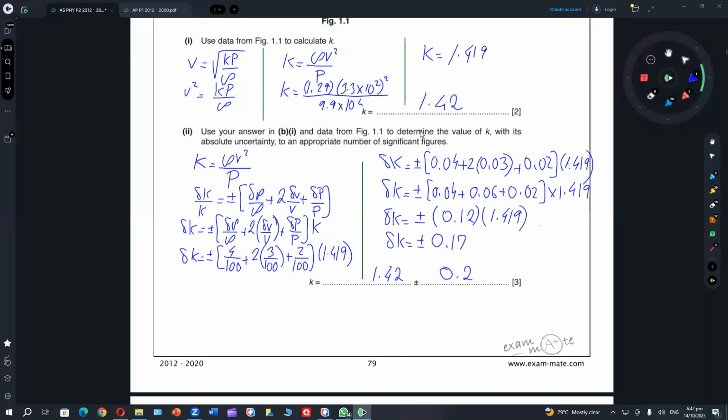Final answer I'm writing 1.42 plus or minus 0.2. I have rounded 0.17 to 0.2. Yes, please ask the question.